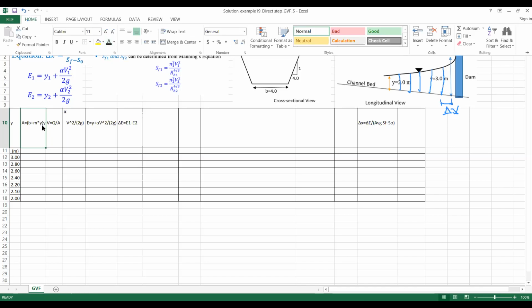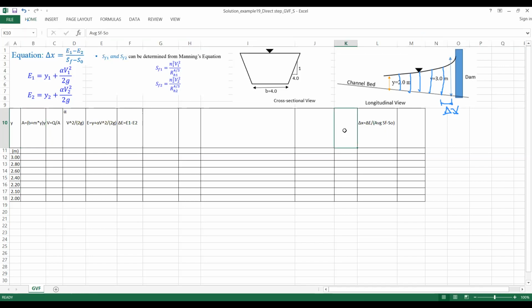Okay, now once we know the delta E, the second term is average SF minus S naught. We already know the S naught, which is 0.001. So basically we have to find average SF.